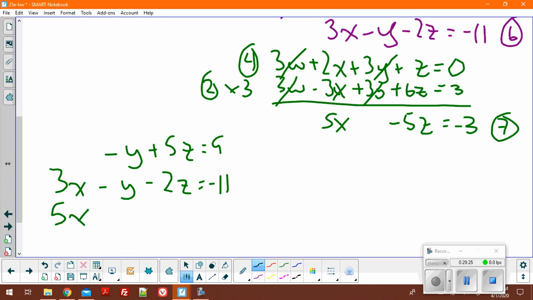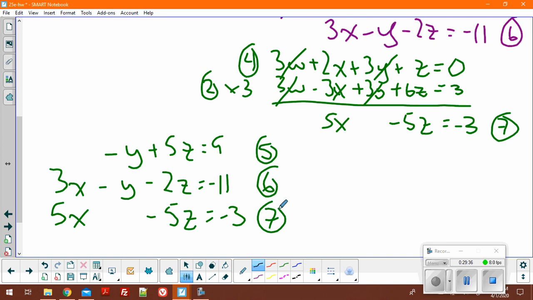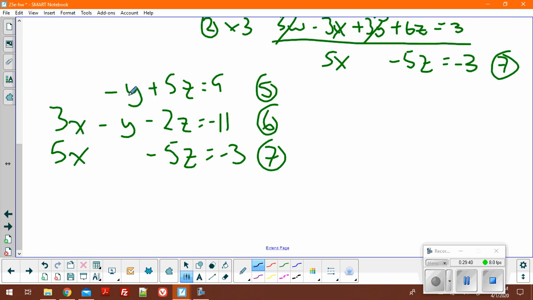And 5x minus 5z is equal to -3. This is equations 5, 6, and 7. So I have reduced my system to 3 equations that have 3 variables.